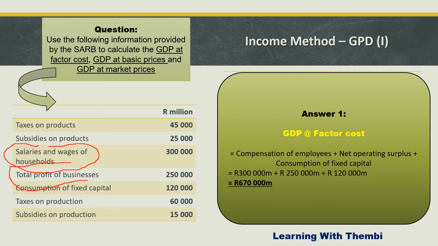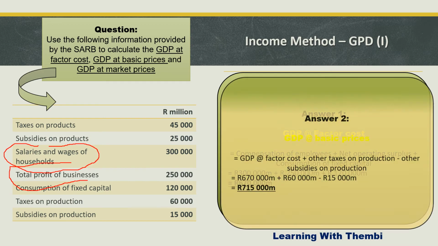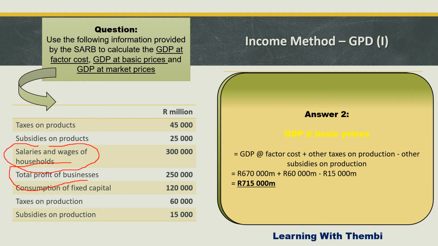Our second answer should be responding to the GDP at basic prices. For us to calculate the GDP at basic prices, we must know the value of the GDP at factor cost, which we already have by now. So the GDP at basic prices is equal to the GDP at factor cost plus the other taxes on production, and we will subtract the subsidies on production.